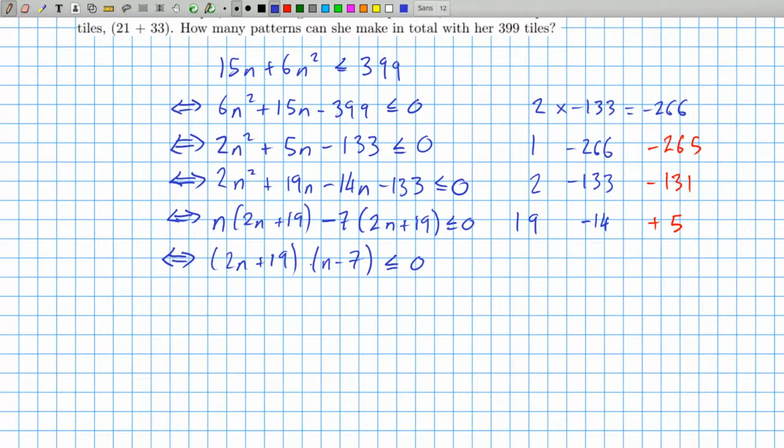So the answer is essentially going to be either whatever makes this thing 0 or whatever makes this thing 0. So 2n plus 19 is one, n minus 7 is the other. Where is the first one of these going to be 0? At minus 19 over 2. The second one's going to be 0 at n equals 7.